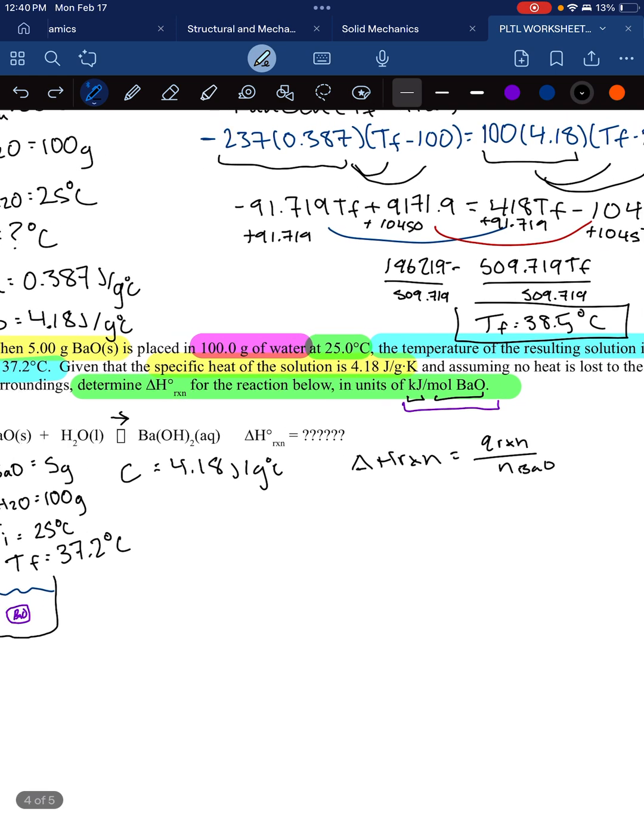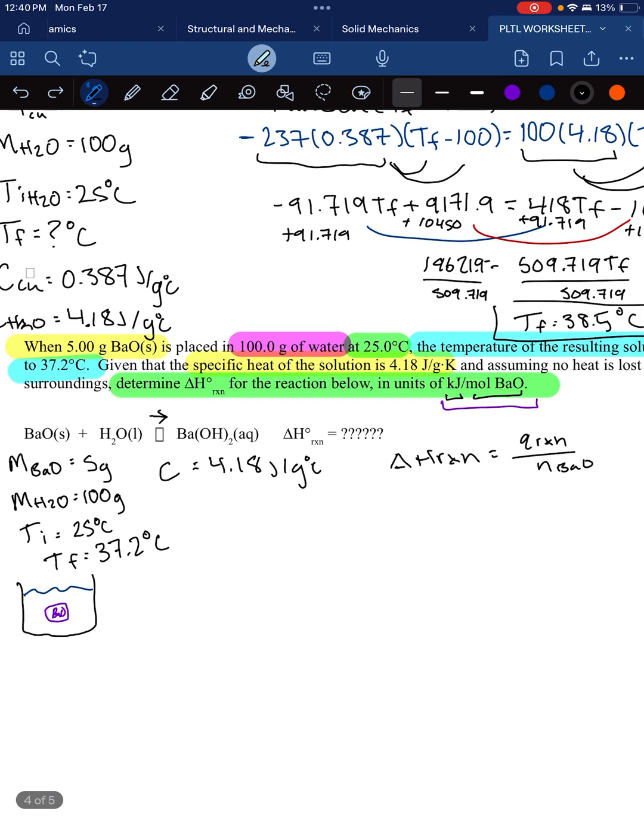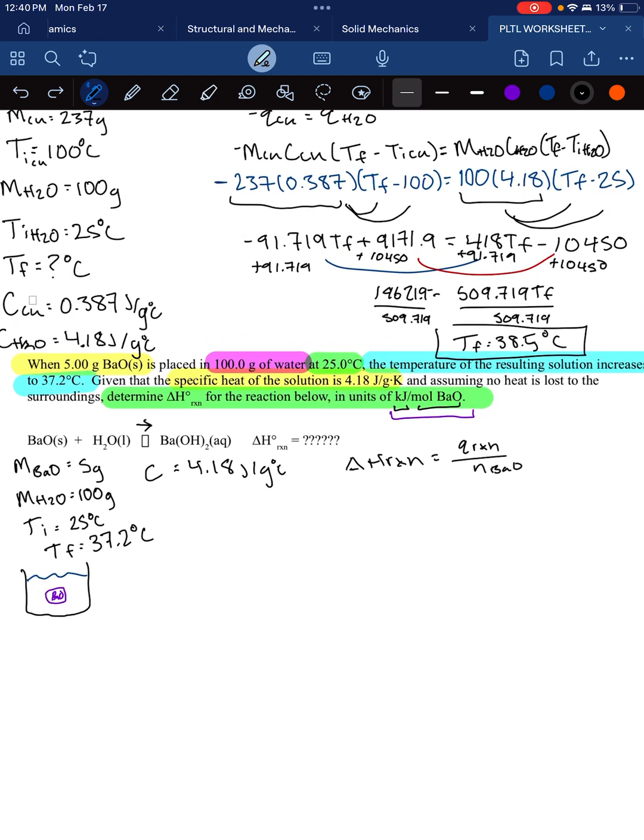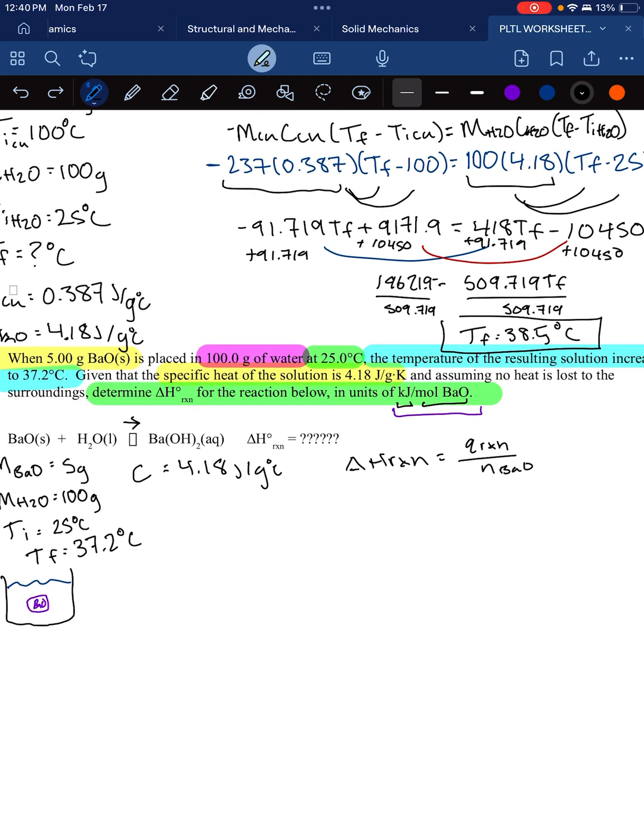But to do so, we're going to need Q of the reaction. And the only way we can find that Q of the reaction is by a similar equation to last time. So when this 5 grams is placed in 100 grams of water, it's at 25 degrees Celsius. And the temperature increases for the solution.